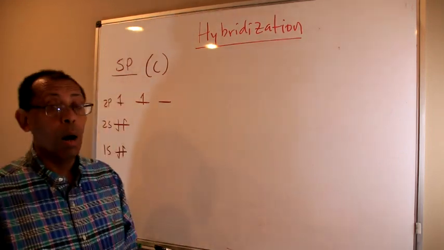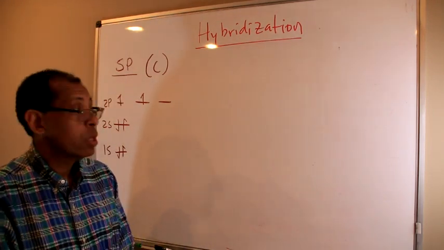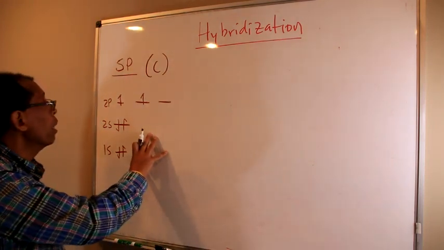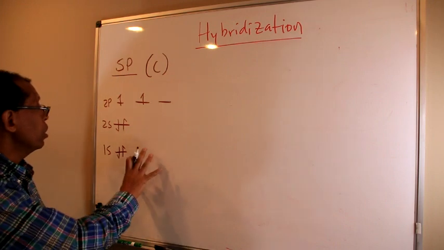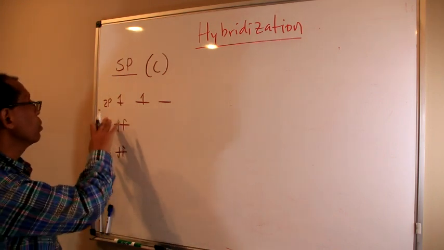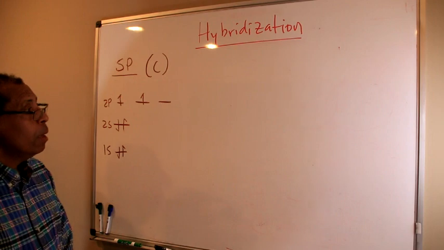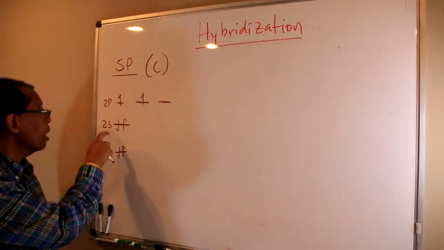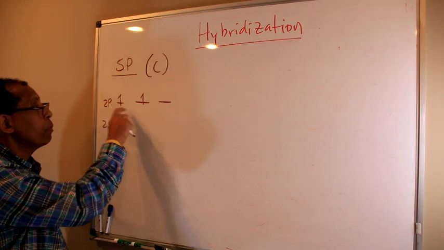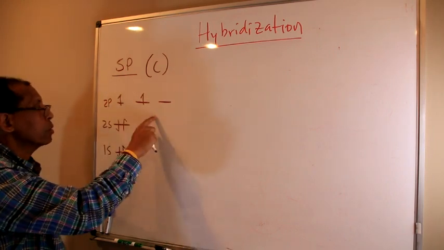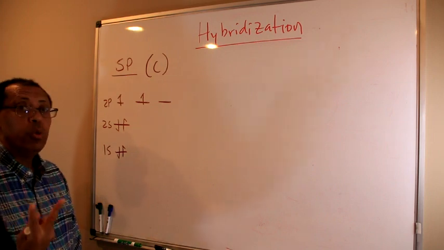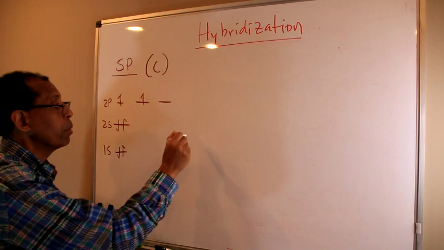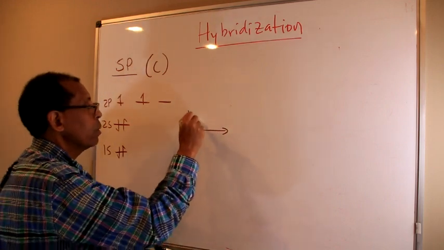Okay, now we'll be discussing sp hybridization. The same format: the electronic configuration of carbon before hybridization is 1s2, 2s2, 2p2. But now when we say sp hybridization, we mean that one of the s orbitals is hybridized with one of the p orbitals. That means 2 p orbitals would remain unhybridized. So let's do the hybridization.